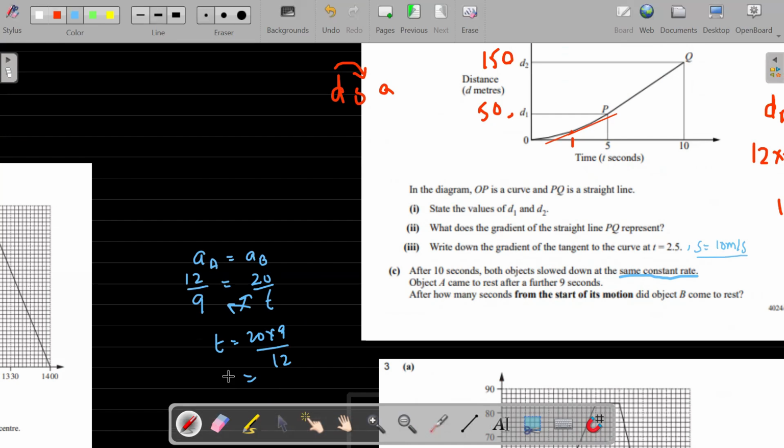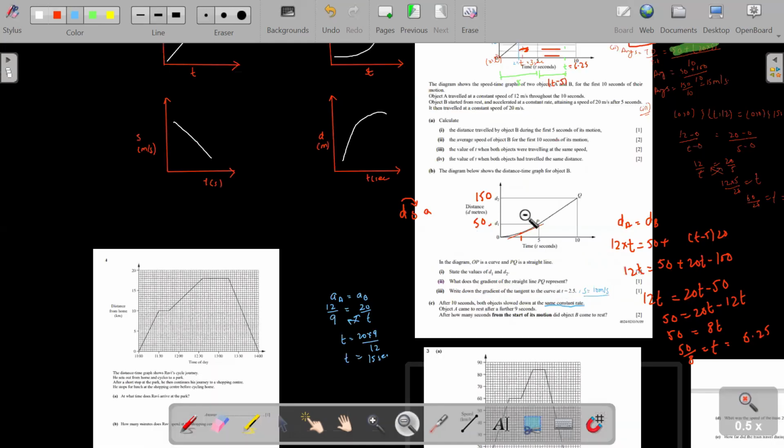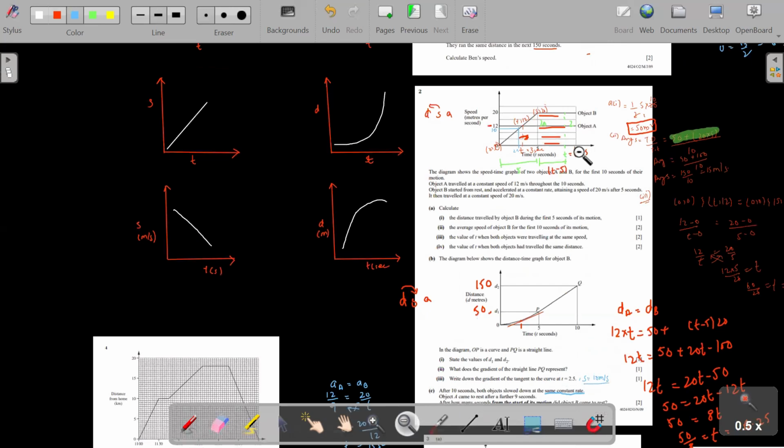It says that it comes to rest after 15 seconds. But we can see from our graph that it has covered some time till 10 seconds, and after 10 seconds it has covered a further 15 to come to rest.